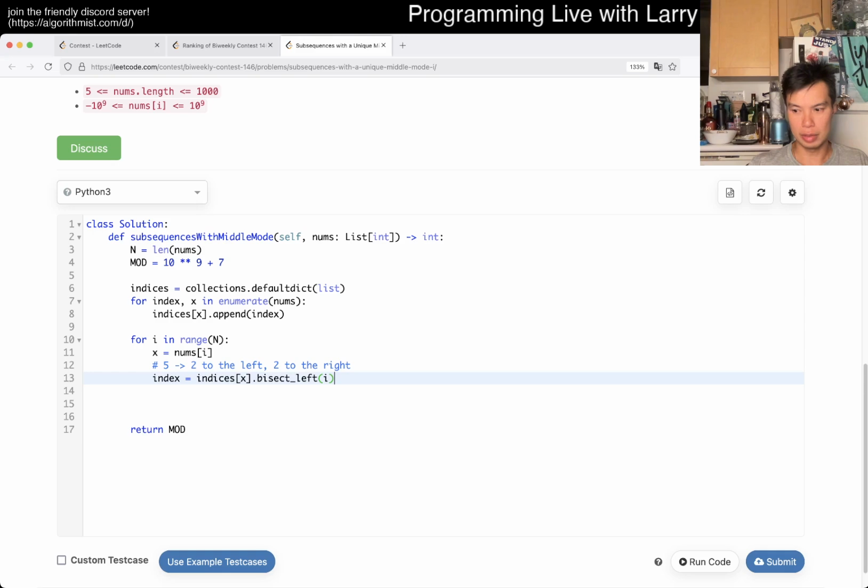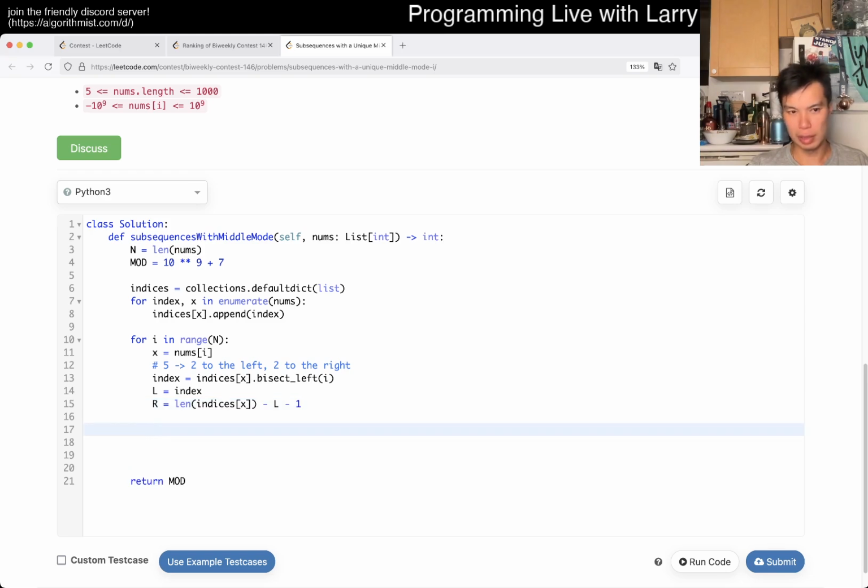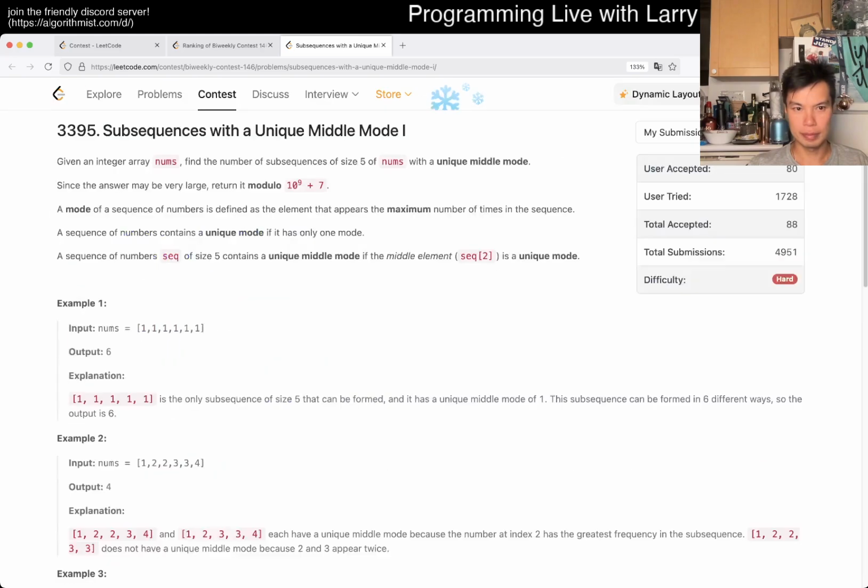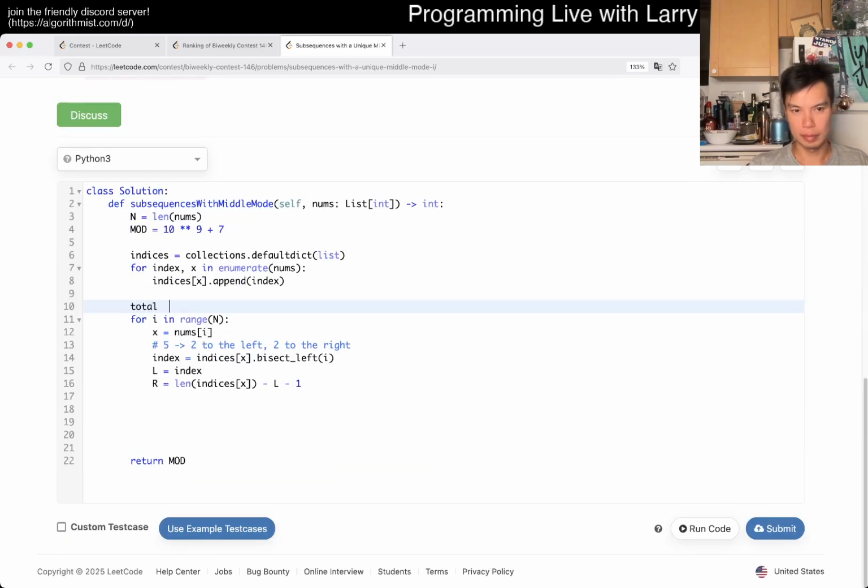Okay, so then now, this means that to the left is going to be just index, and then right is going to be link for... Okay, so then now we want L choose 2 and R choose 2.